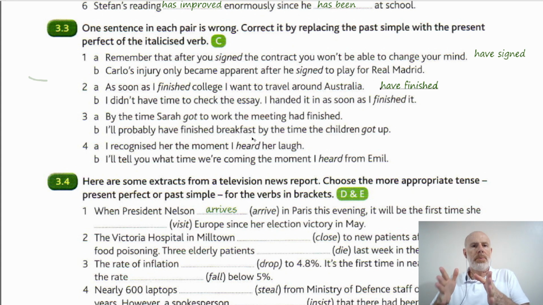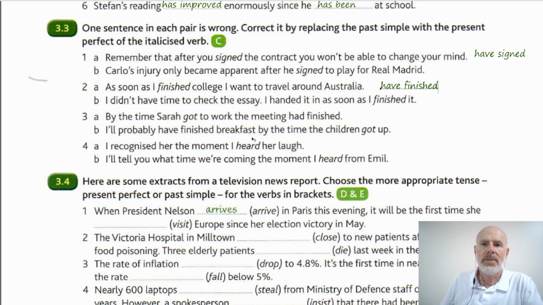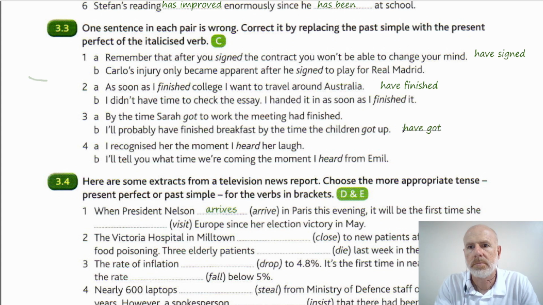So I'll probably have finished breakfast is near future by the time the children have got up. All right.